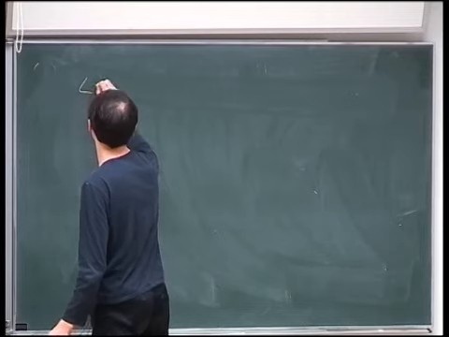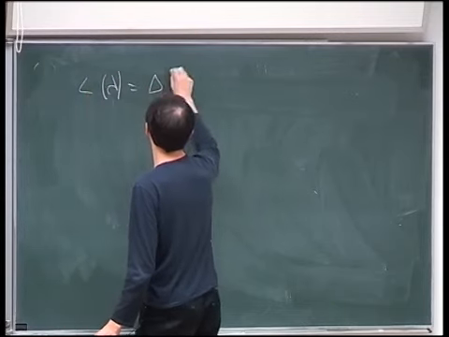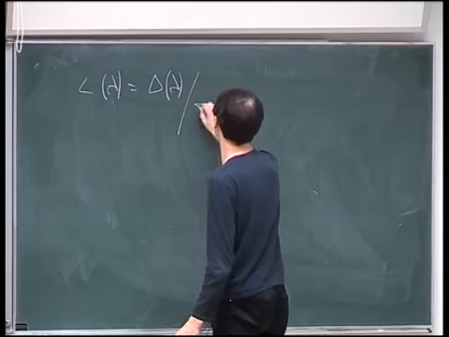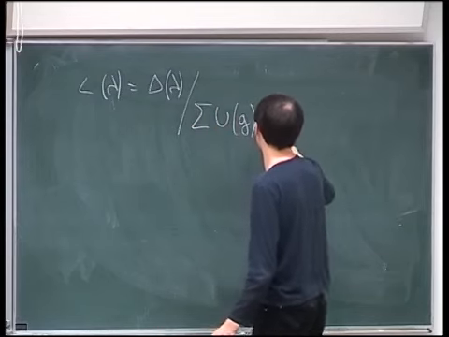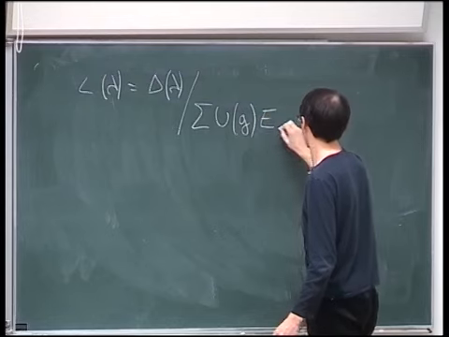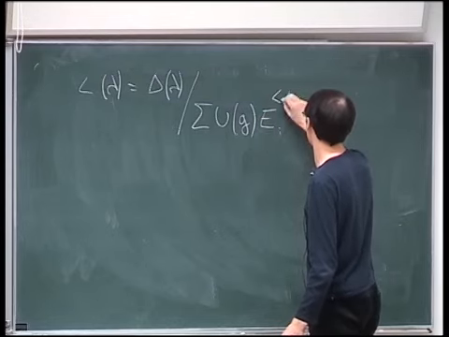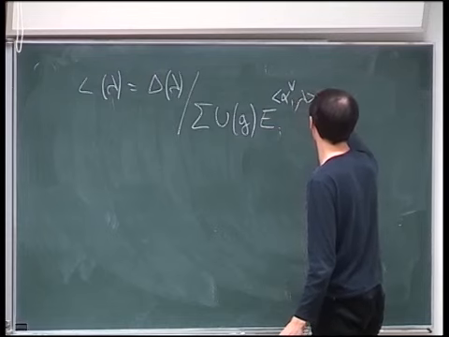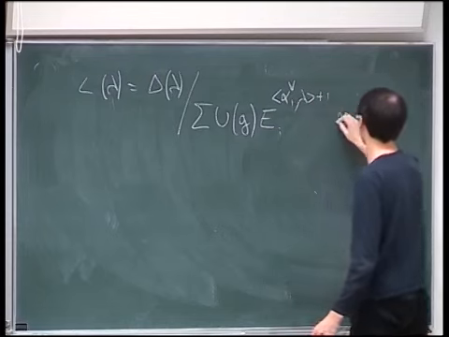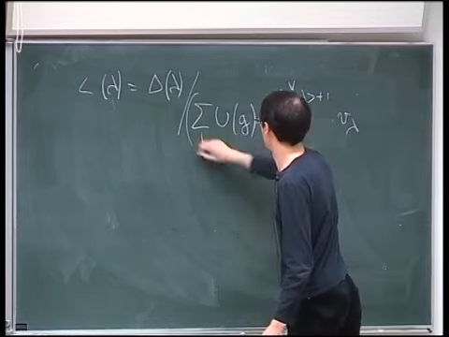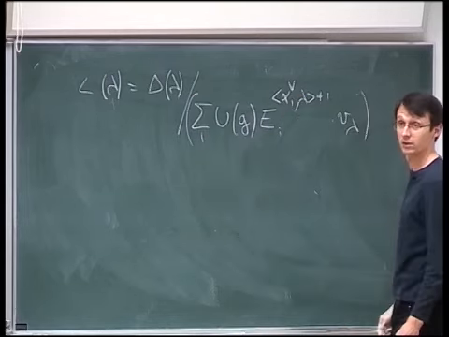L of lambda is Delta of lambda modulo the submodule generated by E_i to the power alpha_i^vee of lambda plus 1, applied to this highest weight vector lambda. So this is a nice description.